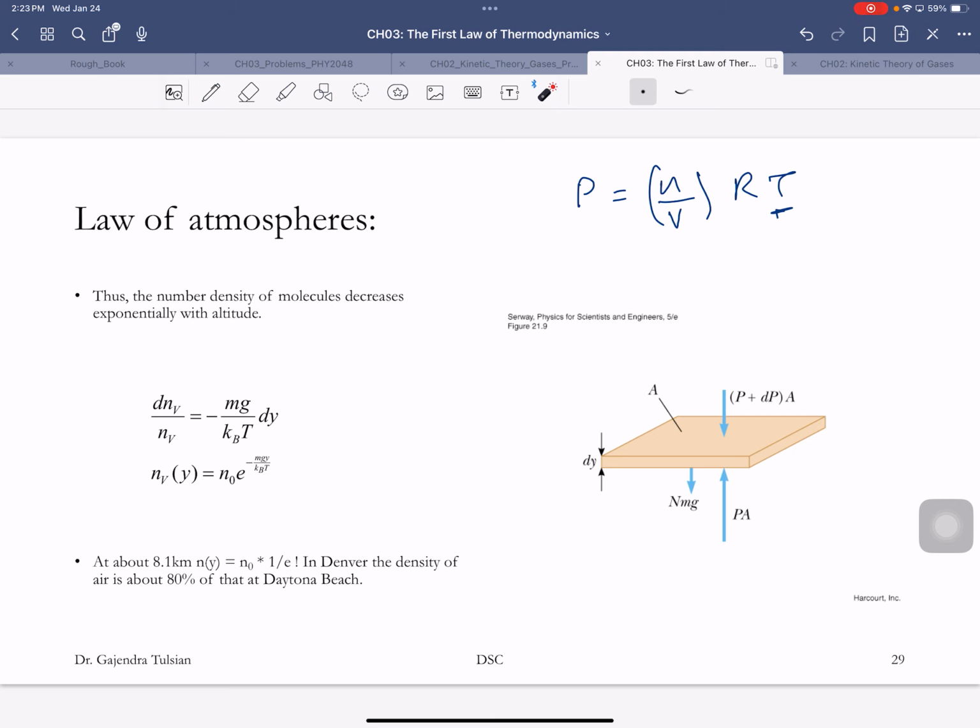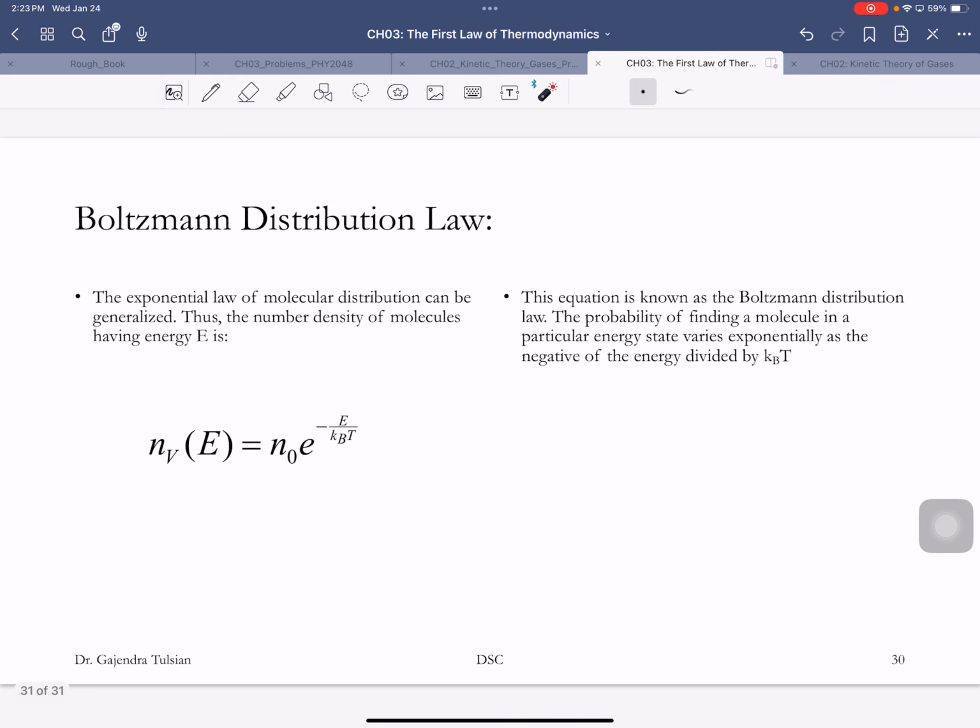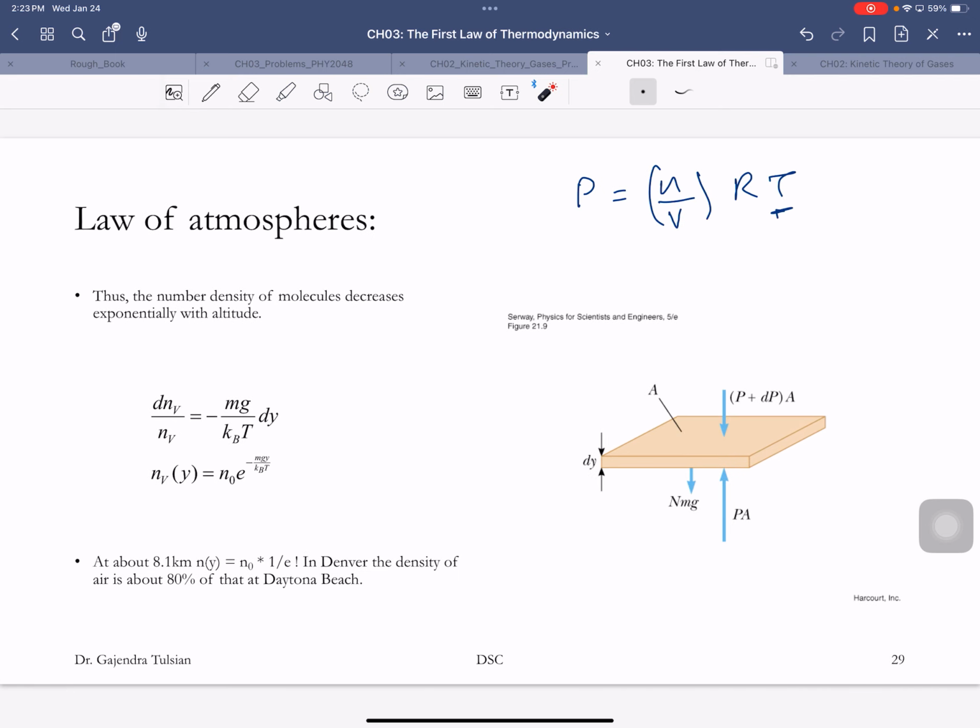Since the pressure is decreasing, the number of molecules is decreasing. The pressure decreases because the number of molecules decreases. So this is telling you as you go up, y is increasing, the number of molecules is decreasing exponentially. Okay.